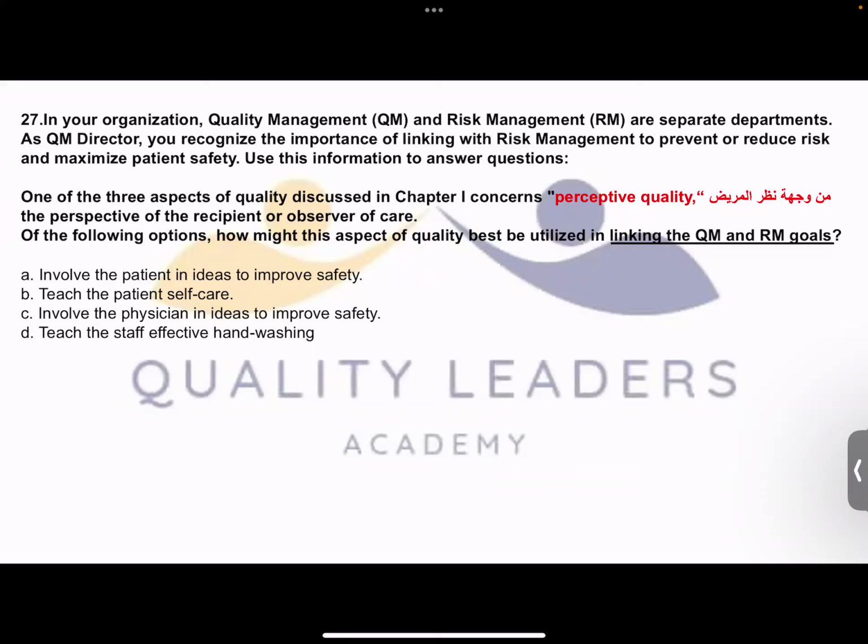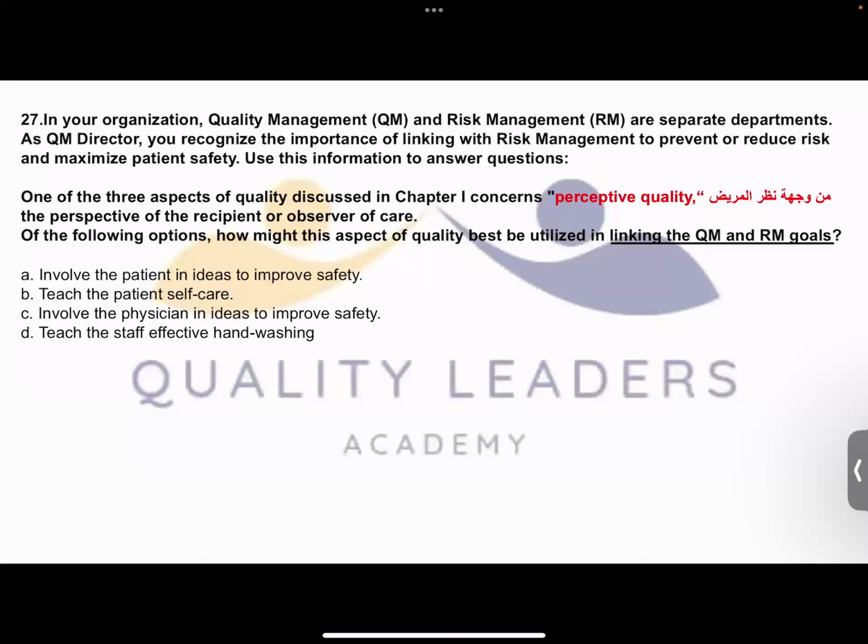Very good. Why not letter B? Because teaching self-care focuses on empowering the patient in managing their condition, which is important but does not directly link the quality management and the risk management goals focused on safety and systemic improvements. Why not letter C?